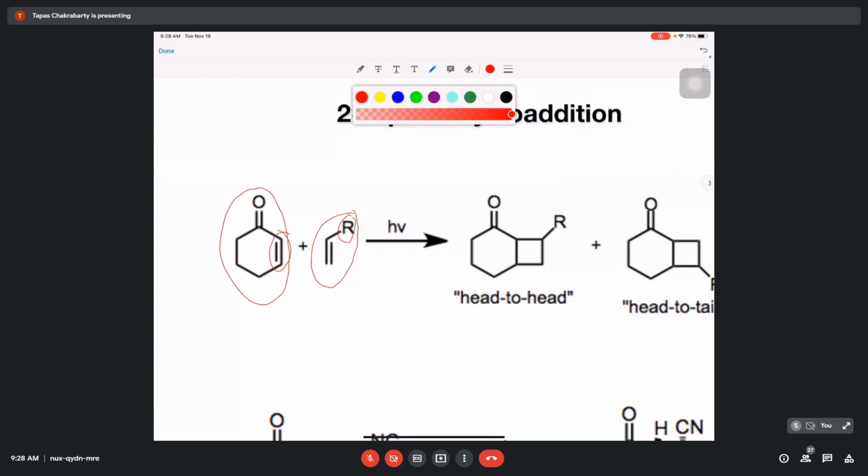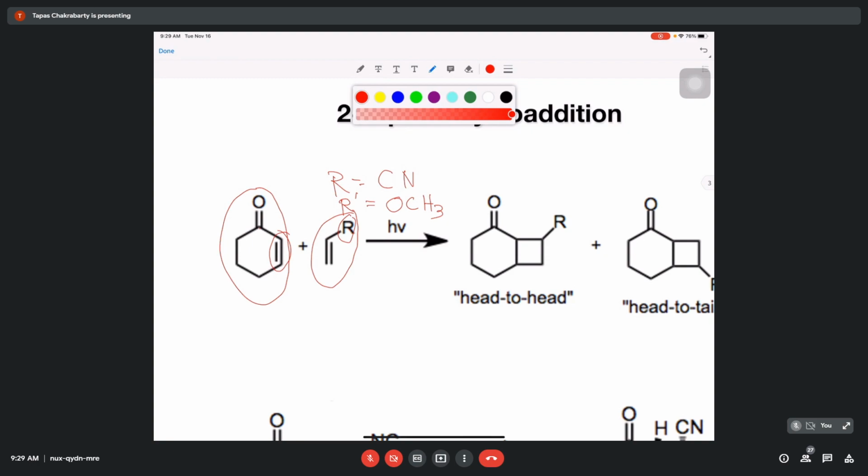It could be an electron withdrawing group, as you usually study in chemistry class, such as a cyano group, or an electron rich group, R prime, which is OCH3, a methoxy group. So R equal to cyanide or nitrile group is electron withdrawing, and R prime equal to OCH3, a methoxy group, is electron donating.